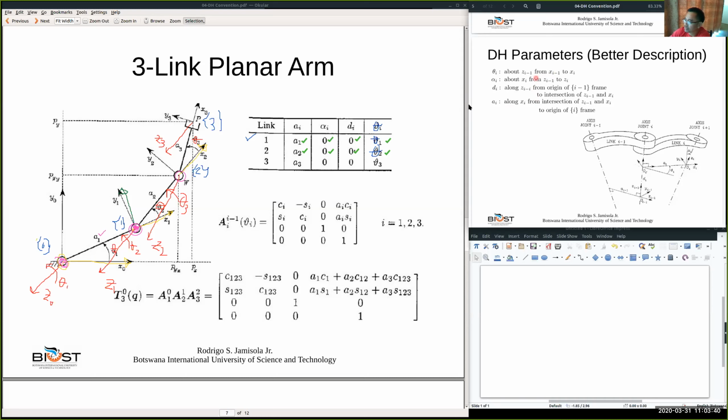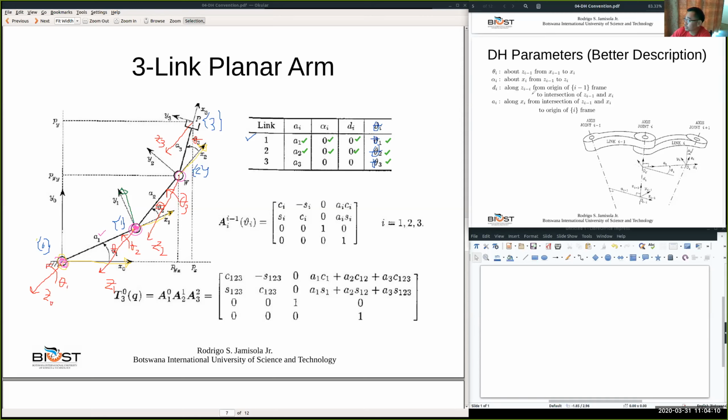From X2 to X3, rotating about Z2. This is Z2, rotating from X2 to X3. This is your theta 3. So now we are done with theta 3. Okay.